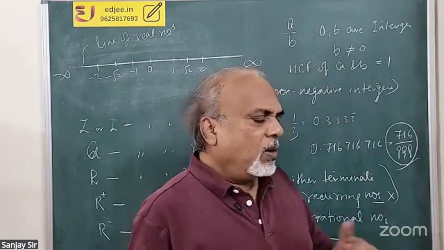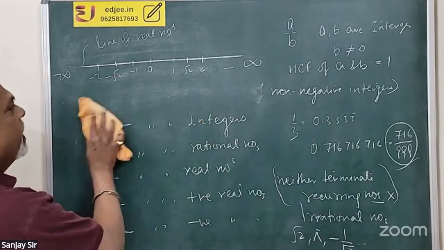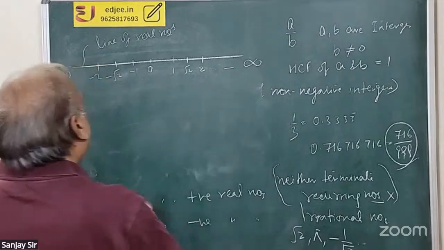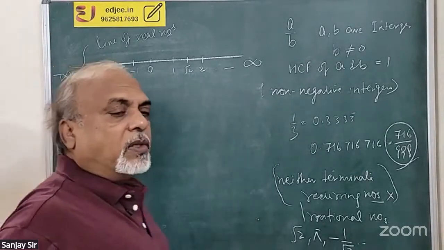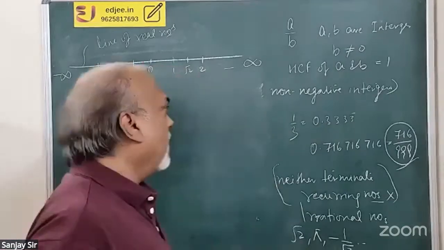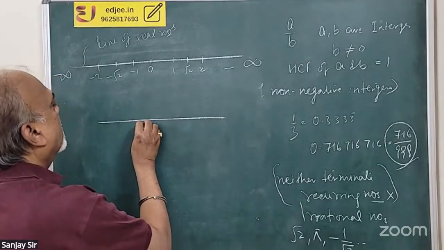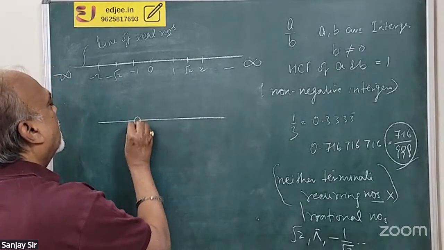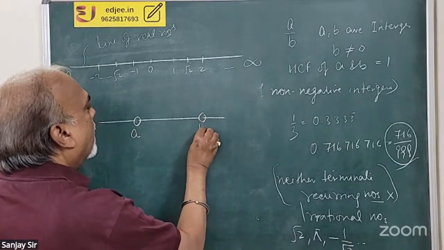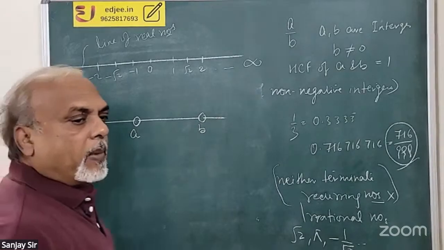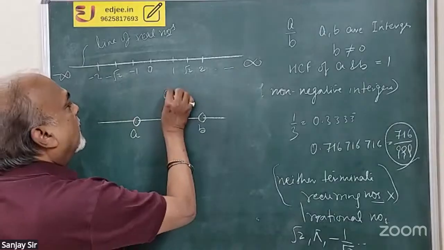Now, before going further, one more important thing you know, and that is to express the things in interval. Like on this real number line, suppose we express the things from A to B. That means what? It is an open interval.